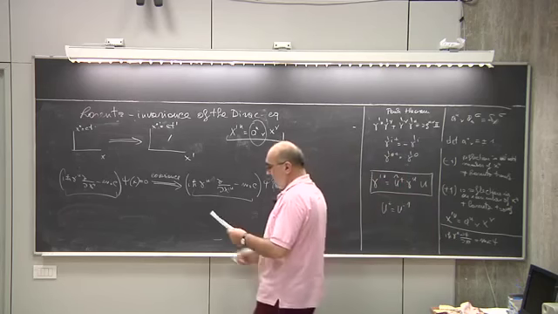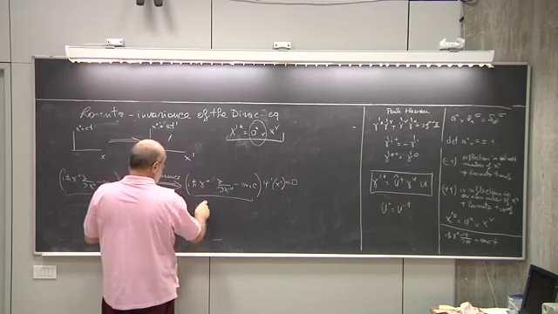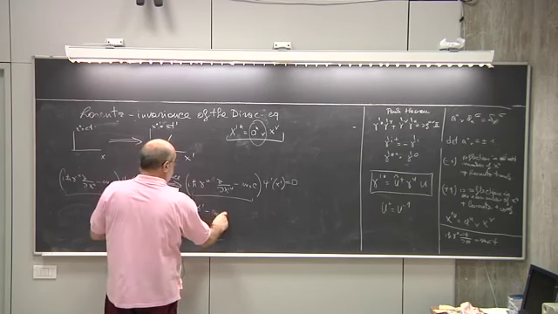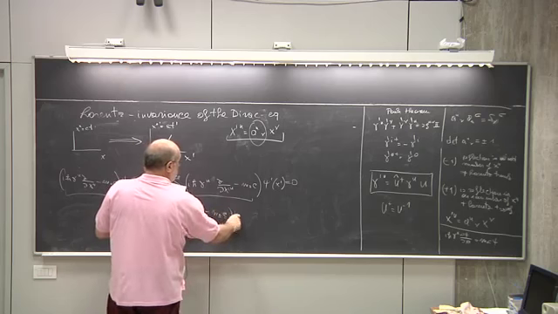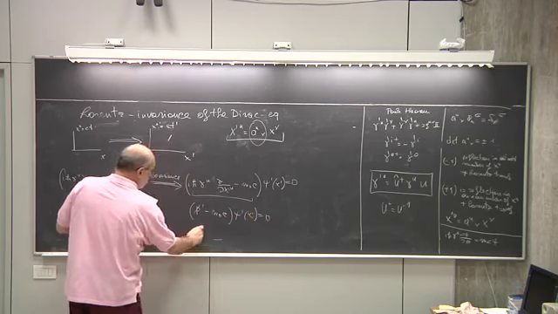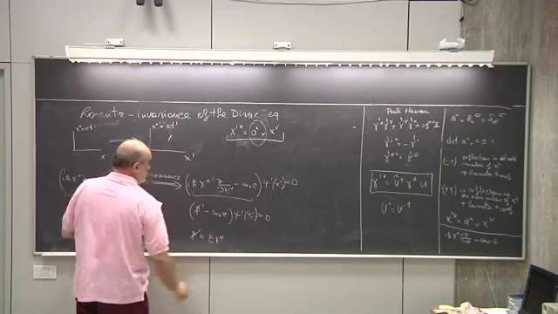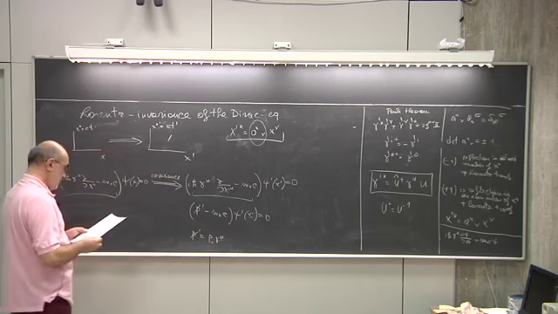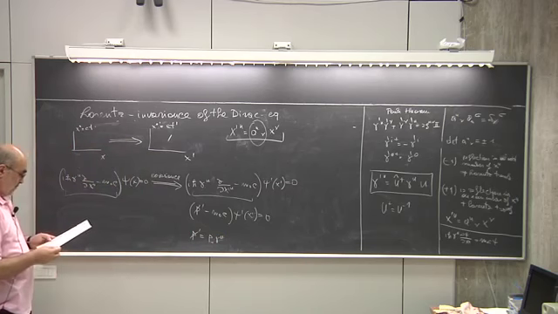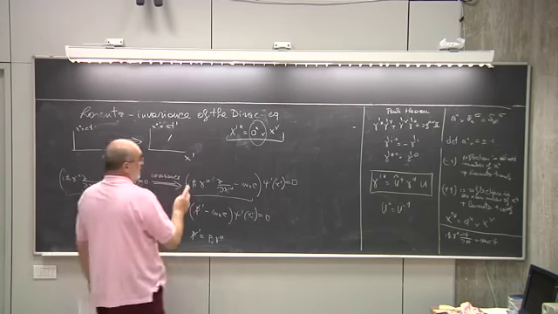So basically, if you want to write this, for example, in the following manner, p-slash prime minus m0 times psi prime of x prime, remember that this p prime slash is just p mu gamma mu with the old gamma mu. Okay, so this is the equation.